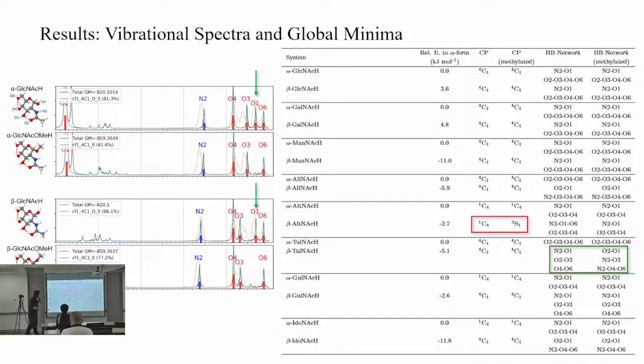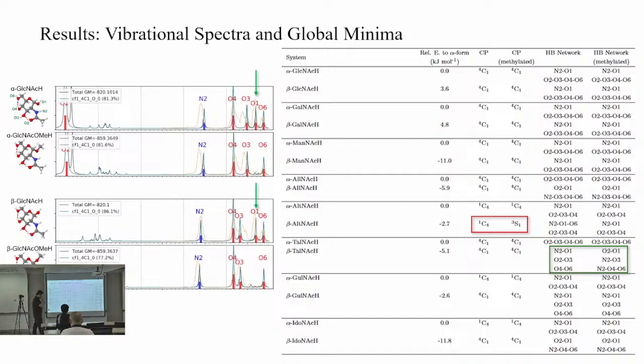Here I'm showing you the one that I had mentioned. When they methylate it, this is the only peak that disappeared, because O1 is being methylated, so the OH stretch is disappearing here. That's the expectation. This is the ideal case. But can we find the same behavior if we look into the other isomers?